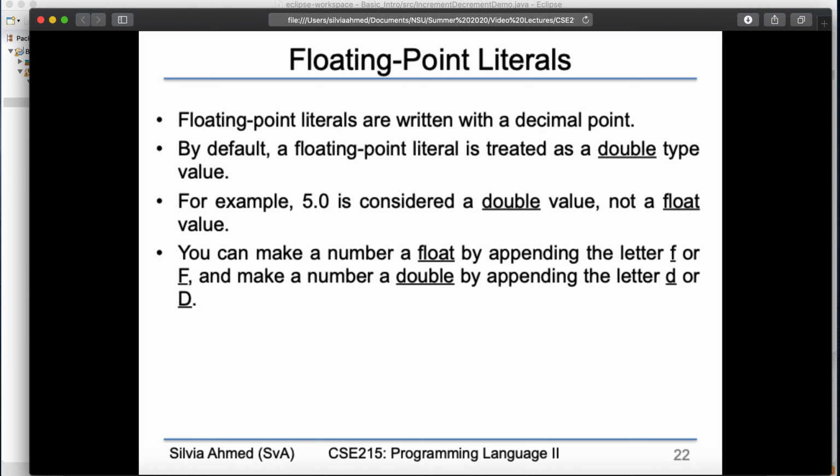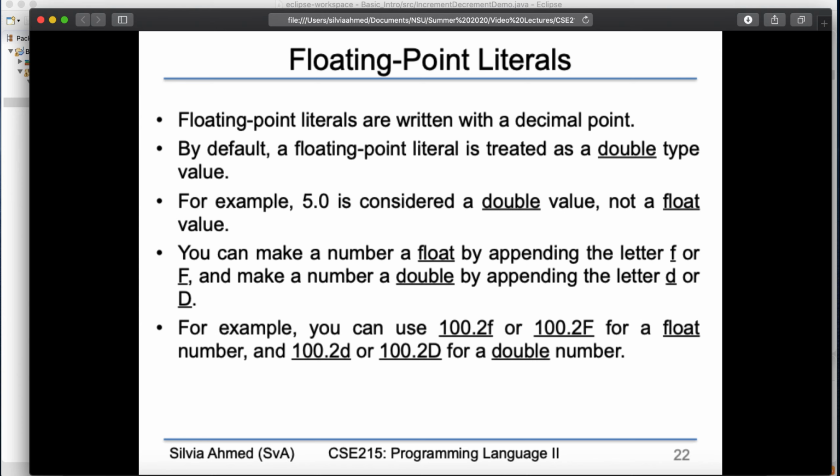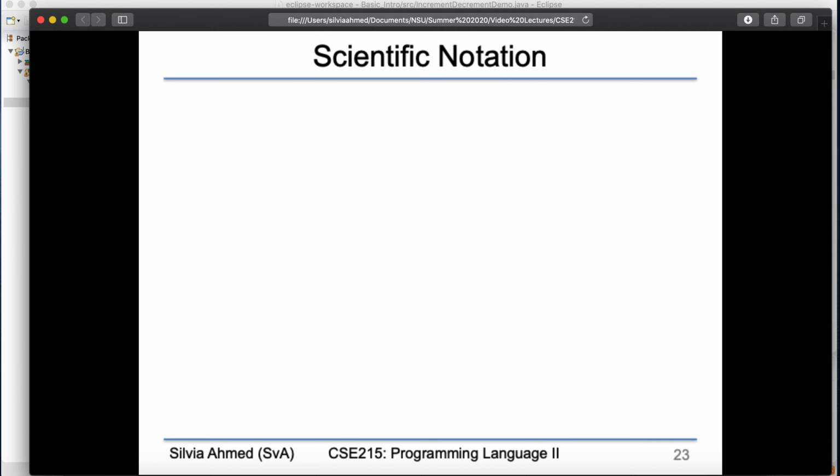So if you want to deliberately make something of float type, you need to have a small f or capital F at the end of the value. For example, you can use 100.2F or 100.2 capital F for a floating point number.